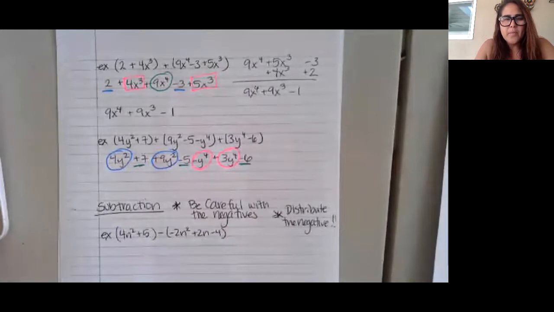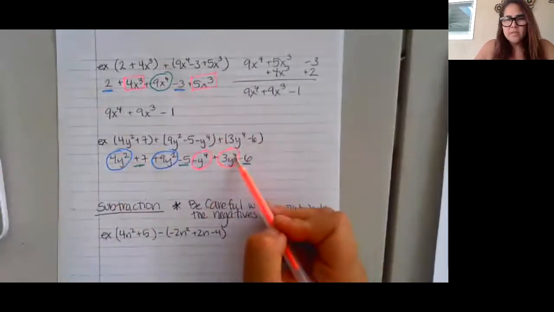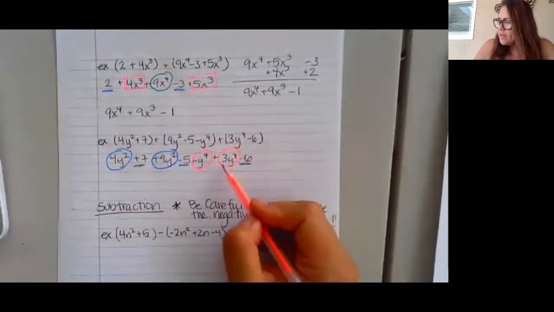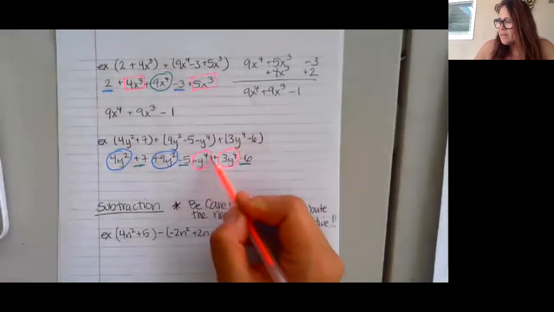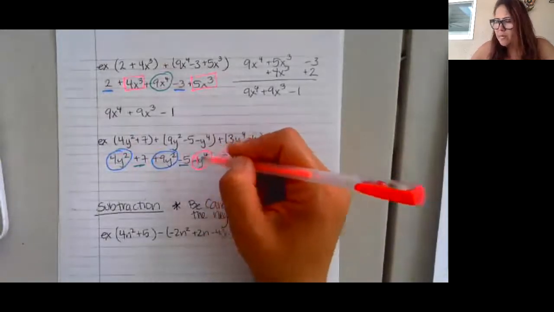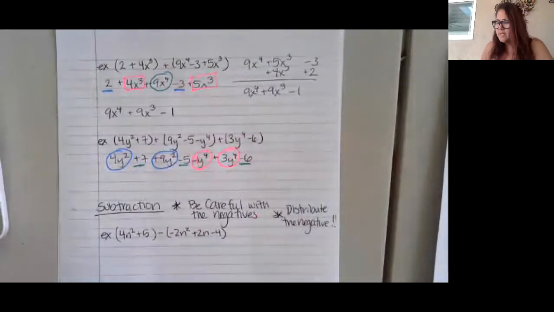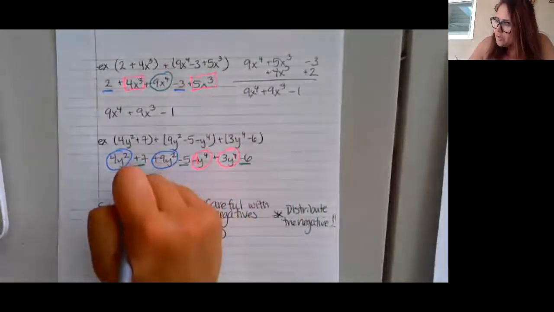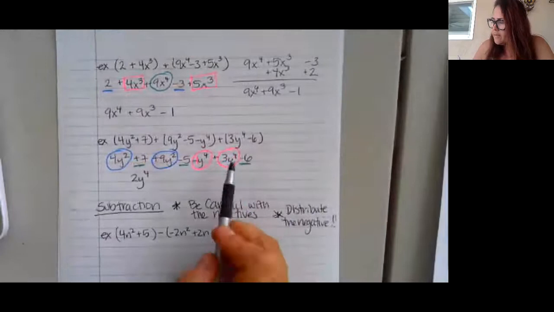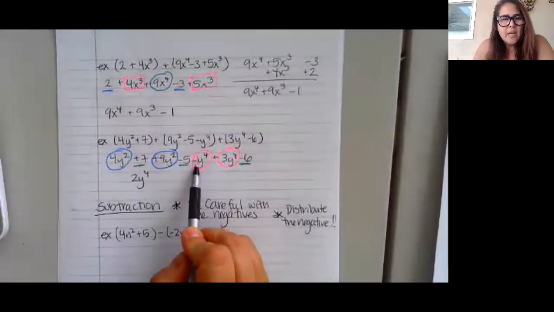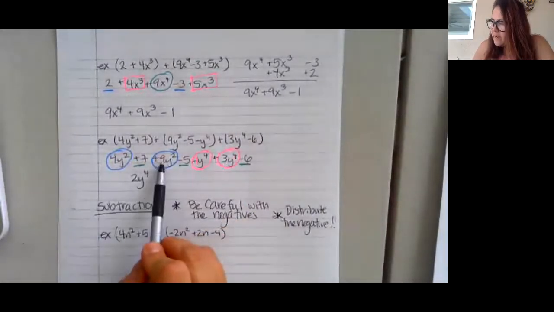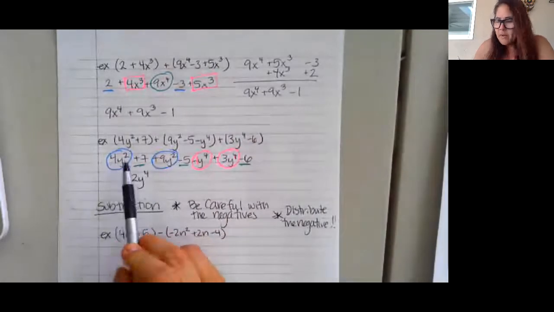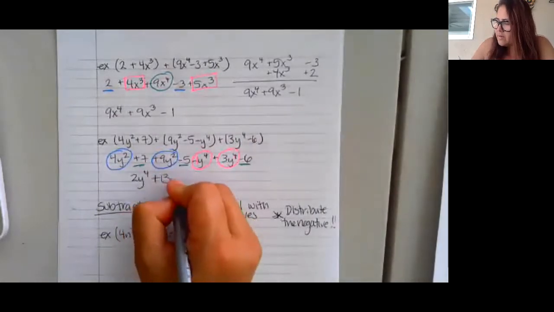So let's start with our biggest exponent, which is to the fourth power. I've got 3y to the fourth power and negative y to the fourth power. And remember, there is a 1 there. So I have 3 minus 1, and that's going to give me 2y to the fourth power. Combining my other ones, I have 9y squared and 4y squared, which is going to give me 13y squared.